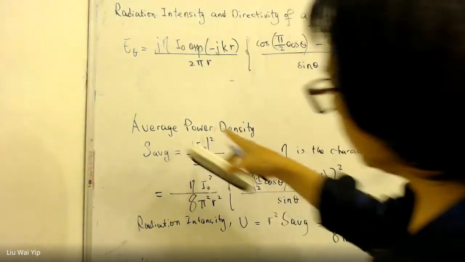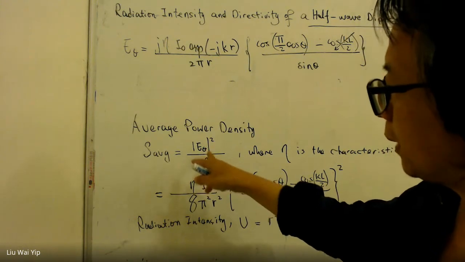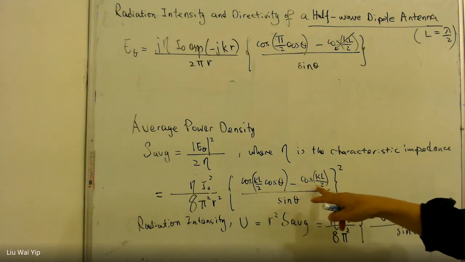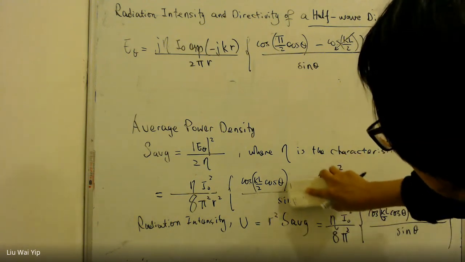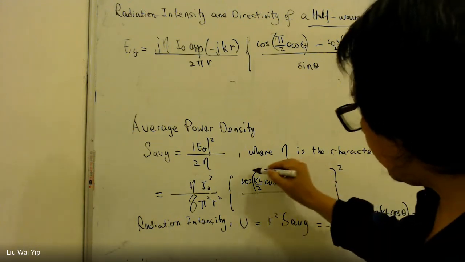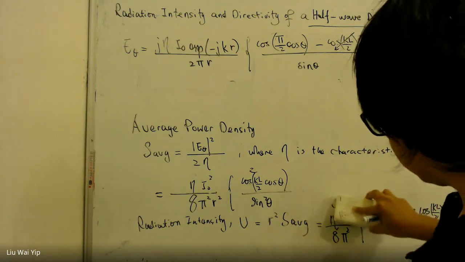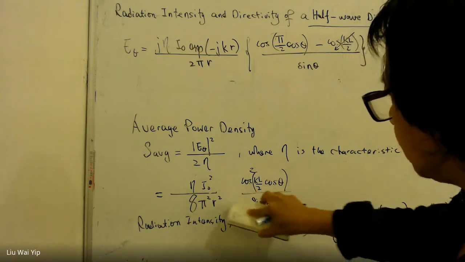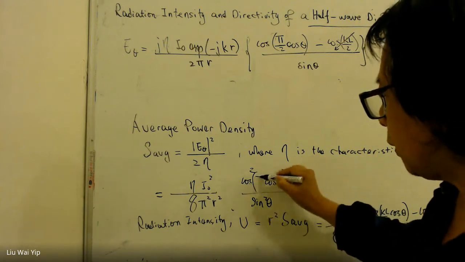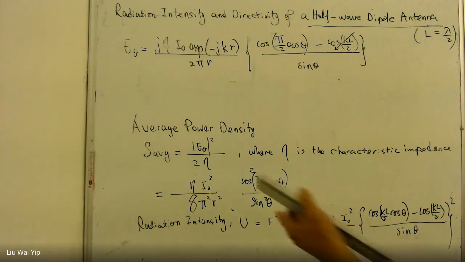And how about the power density? The power density is again similar, with an exception here. We don't have this term anymore. So we cross this out, and then we have this one here. And do not forget that we don't use kL anymore. So this will become the power density.